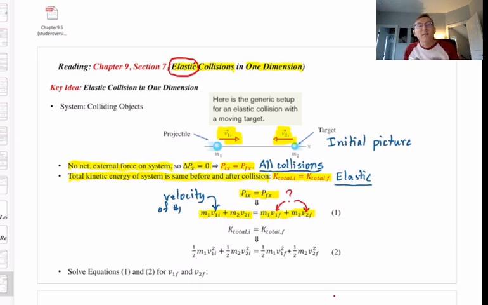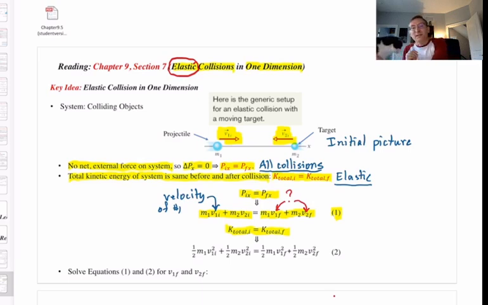The velocities of these objects after the collision are usually not known. And we have an equation, we'll call it equation 1, that comes from requiring the total momentum before and after the collision to be the same. But because it's an elastic collision, we have another constraint. The total kinetic energy must be the same before and after the collision.